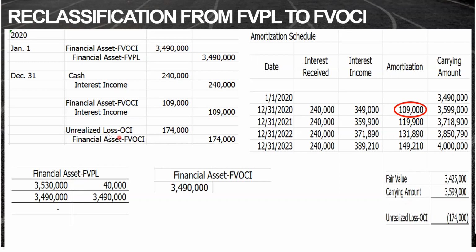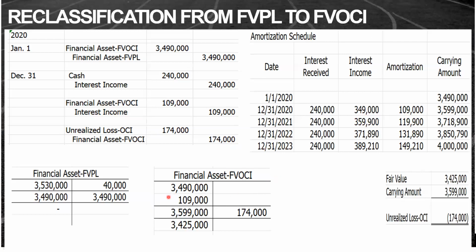So the entry will be a debit to unrealized loss OCI at 174,000 and credit FVOCI at 174,000. So ito yung magiging itsura ng ating financial asset FVOCI. So ito yung initial na recognition, then ito yung amortization ng discount, ito yung balance, carrying amount, ito yung entry natin because of the reduction in the fair value.